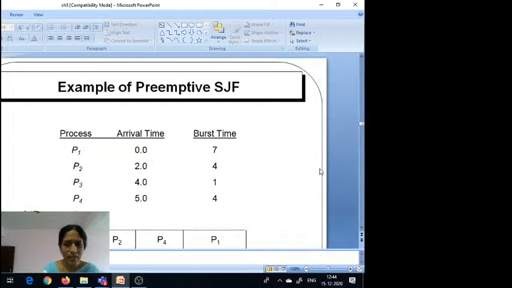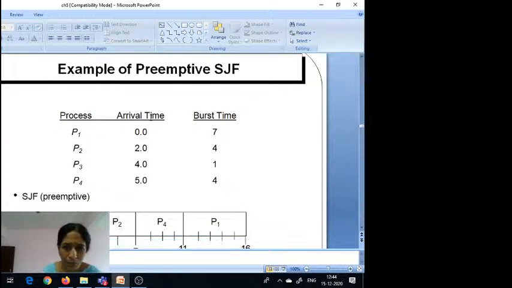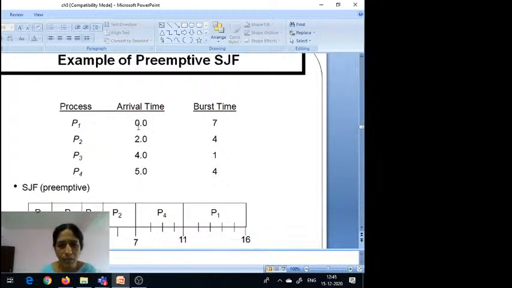With the same algorithm, let us see the preemptive version. Based on the arrival timings, the processes come to the CPU. Initially at 0 milliseconds, the P1 process enters the CPU because the arrival time of P1 is 0 milliseconds.